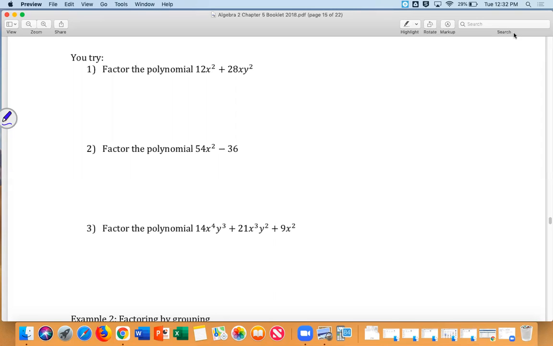So it would be 6 and 14. They're both still even, right? Well, Jake, you have to get the variables out, and you have to get the numbers. 6 and 14 are still both even. Oh, wait, you can make them smaller. Remember, it's the greatest.